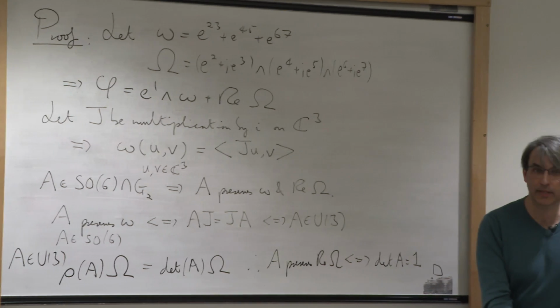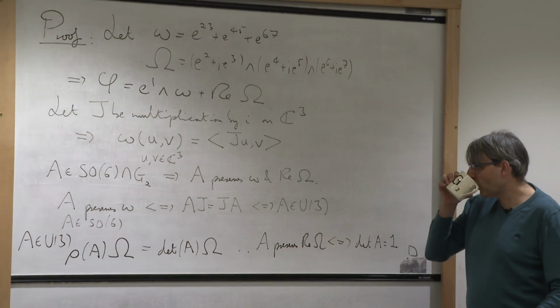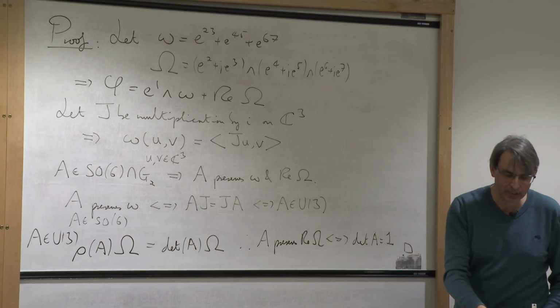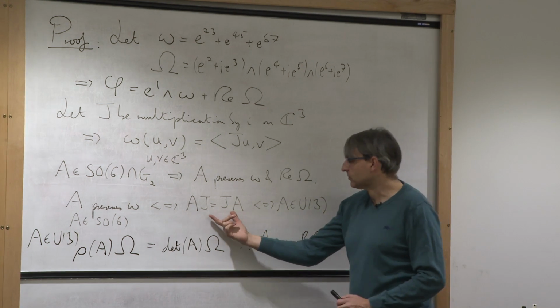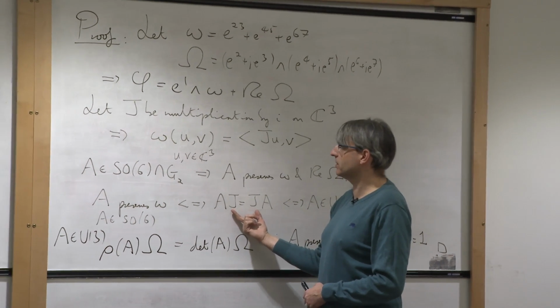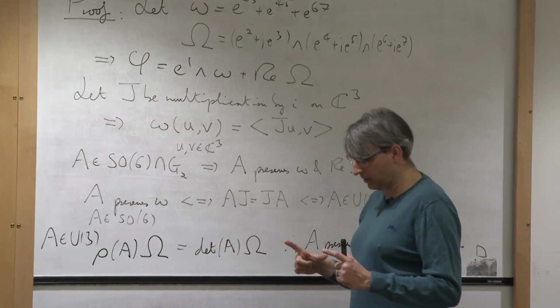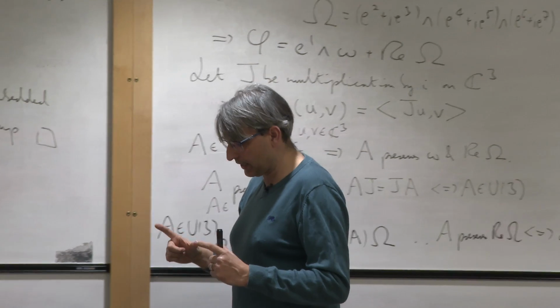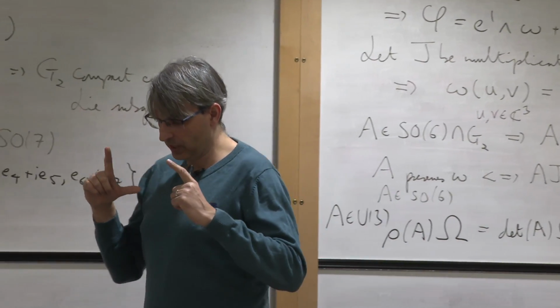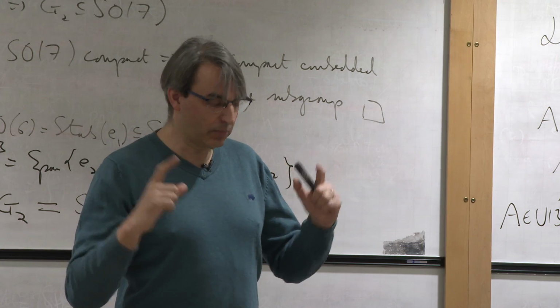Is that okay? Yeah, go for it. Would you mind explaining again why AJ equals JA? Yeah, I mean, you have to do the algebra here, but in some sense, this is what it means, because you think of something in SO6 and you're trying to think of it as a complex matrix.